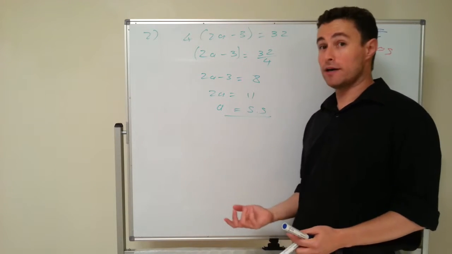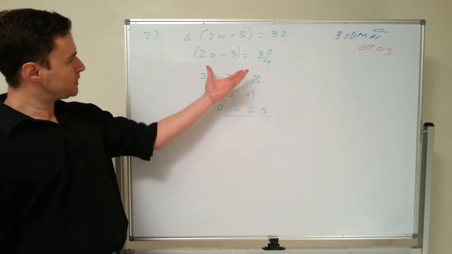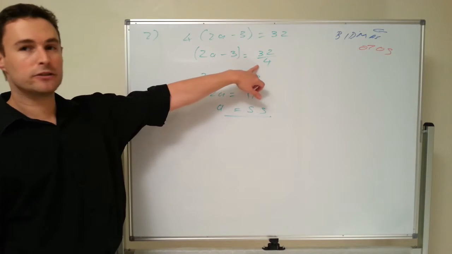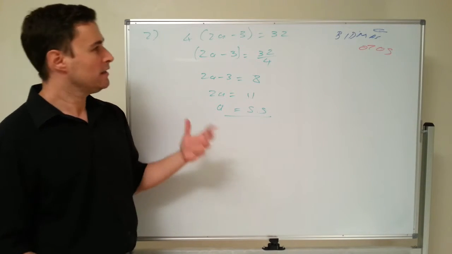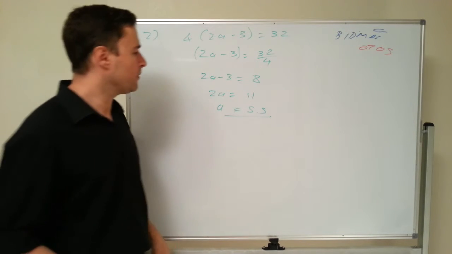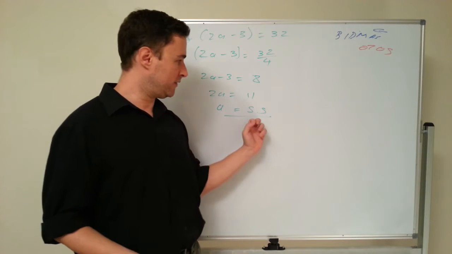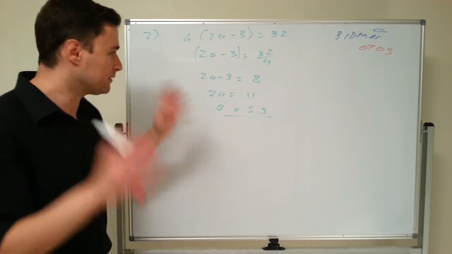The nice thing about starting straight with BIDMAS backwards and then opposite to the other side is that my numbers stay small. The biggest thing I've got is 32 divided by 4 instead of 44 divided by 8. It's much of a muchness, but that's an easier division because we know most of these. And I don't have to work out a decimal there. You know what I mean?